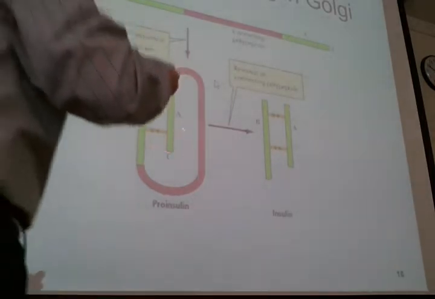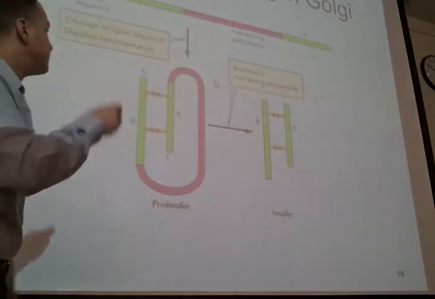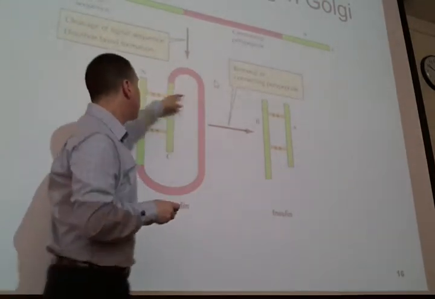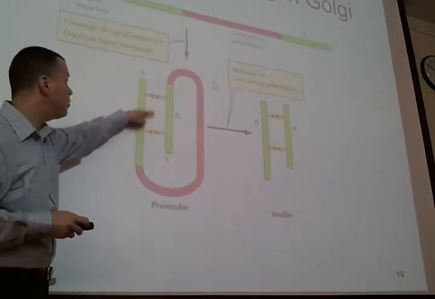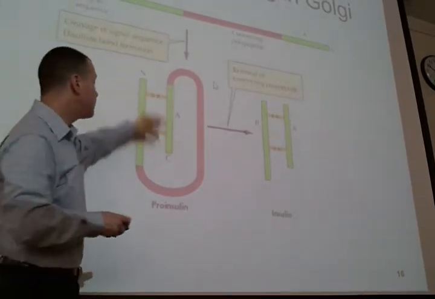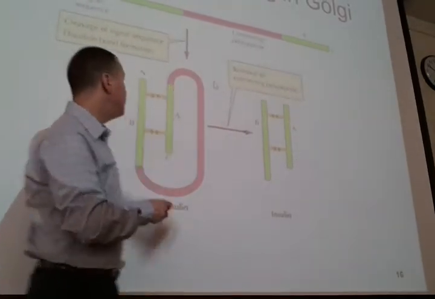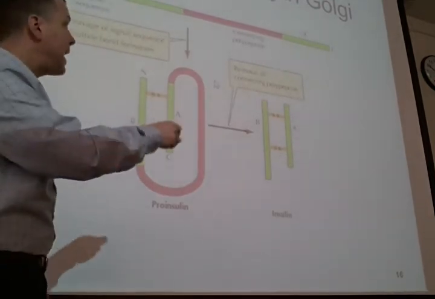In the Golgi, the red piece here gets removed as well, but interestingly, the two green pieces stay stuck together because of disulfide bonds. They form first, and then if you cut out the red piece, the two green pieces stay together, and that's the active form.